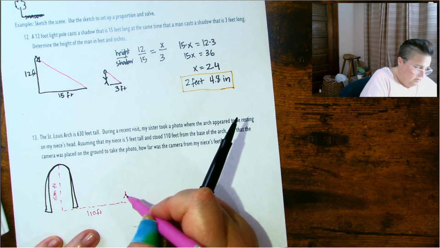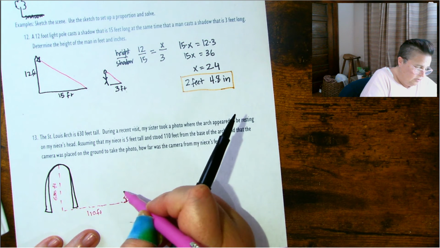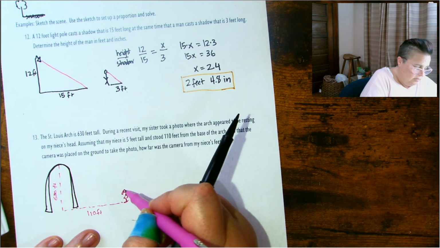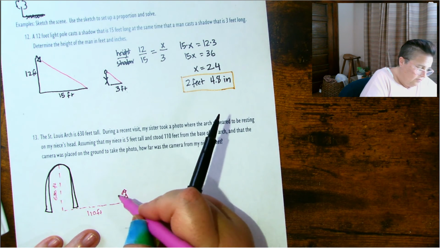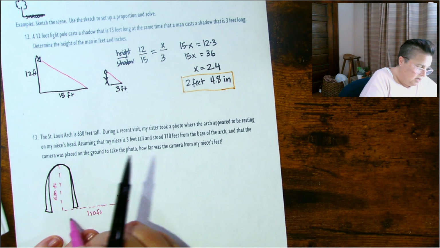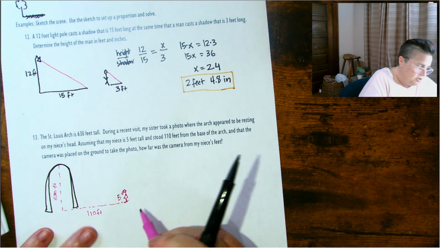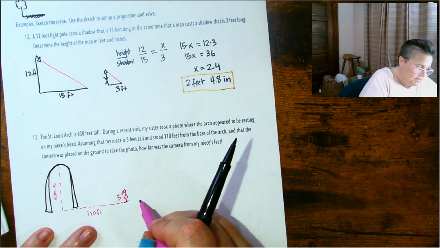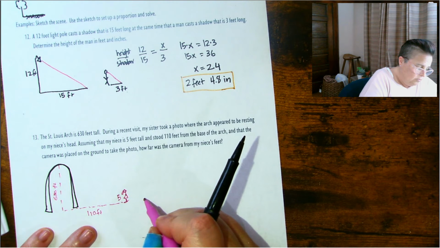And Callie, we'll put her in a skirt because she's rather girly with long hair. Callie is 5 feet tall. She stands 110 feet from the base of the arch, and the camera was placed on the ground here to take a photo.